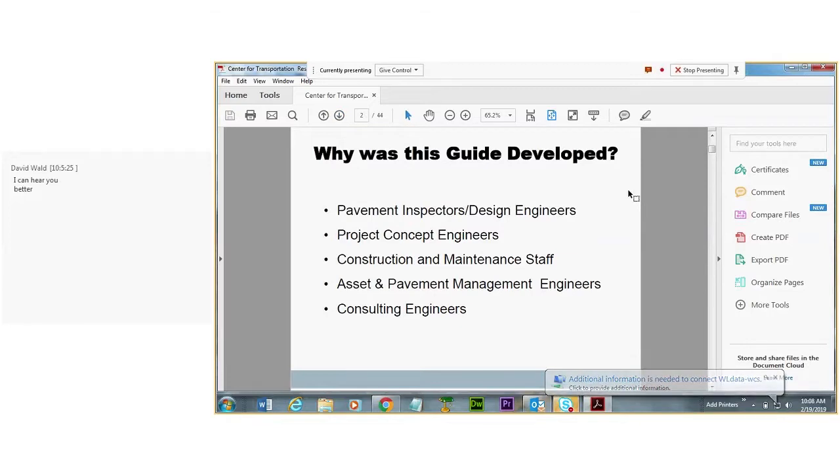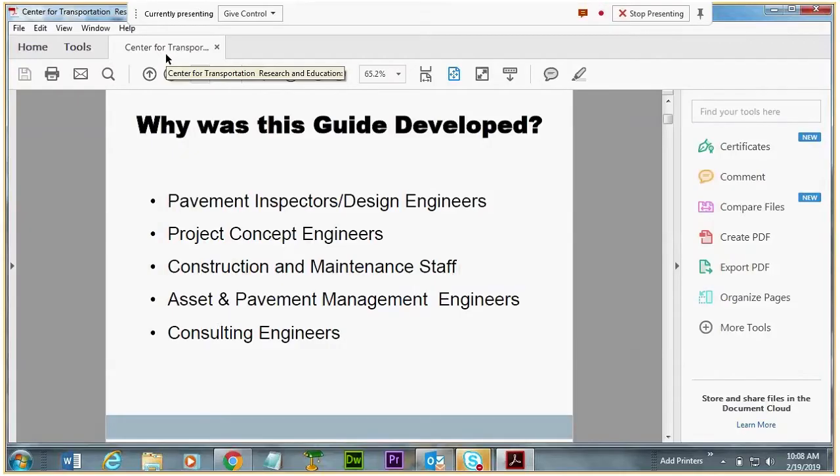About 3 years ago, I went to the director of the National Center at Iowa State University, who I work for, and said that I have gotten so many calls from state engineers, city engineers, and county engineers that they cannot understand what causes some of the pavement distresses, and they have no document to go to find out what the issues are. So, to make a long story short, we went to the Federal Highway Administration, and they were good enough to fund us to do a distress manual.